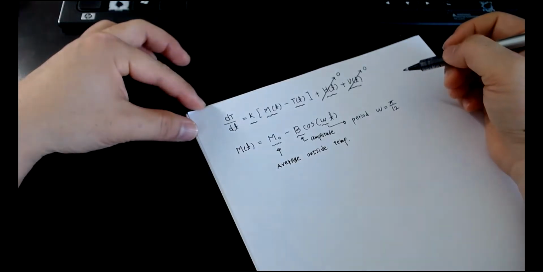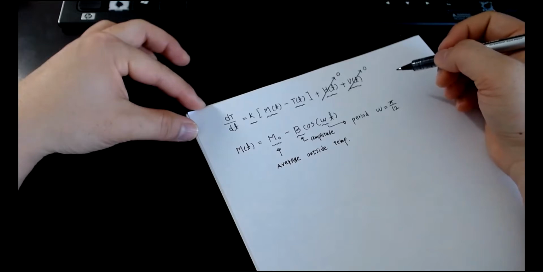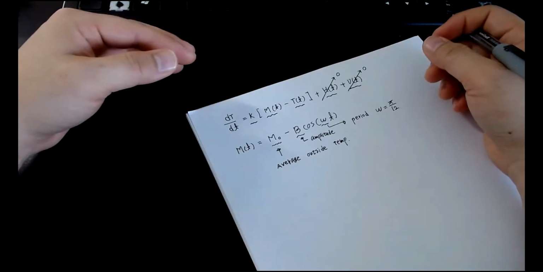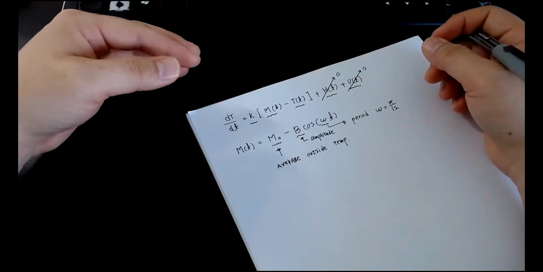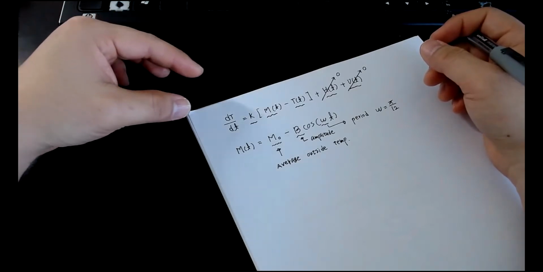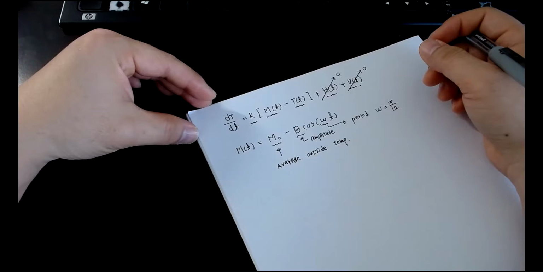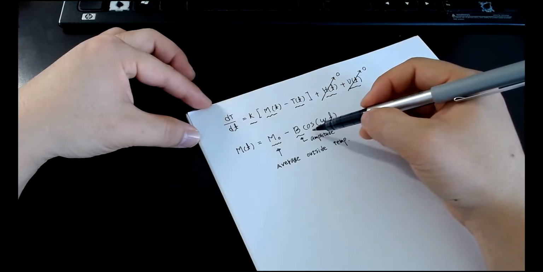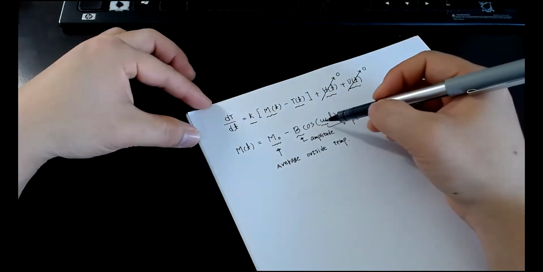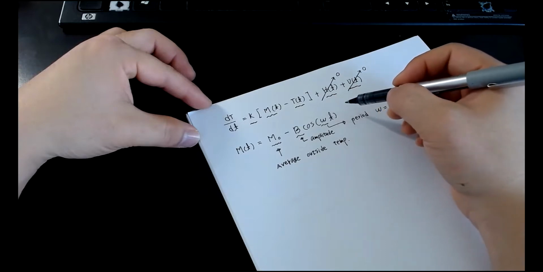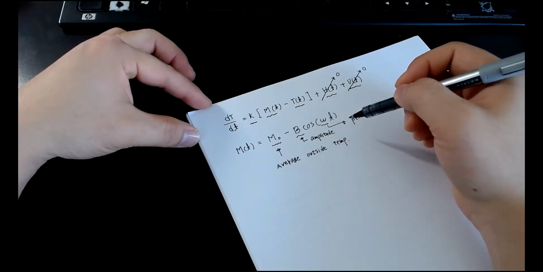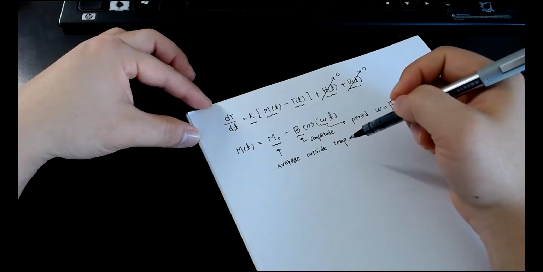How can you know that? Because the problem says the outside temperature varies as a sine wave with a minimum of 13 at 2 a.m. Since cosine is the wave function, when omega t is equal to 0, cosine is 1, and when omega t is pi, cosine is at its minimum value of -1.